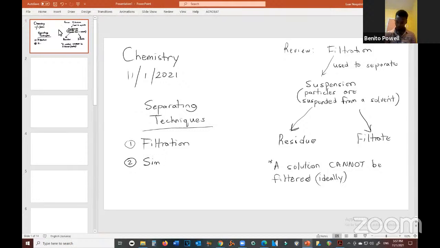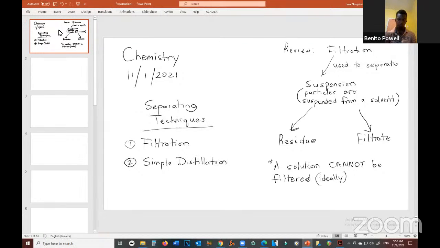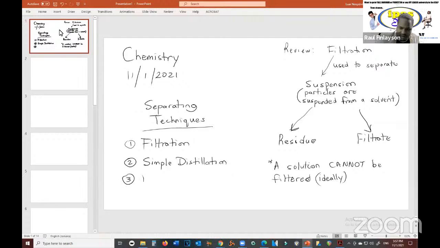You have simple distillation, and we also have fractional distillation. And there's actually a difference between the two. We can confirm that this evening.